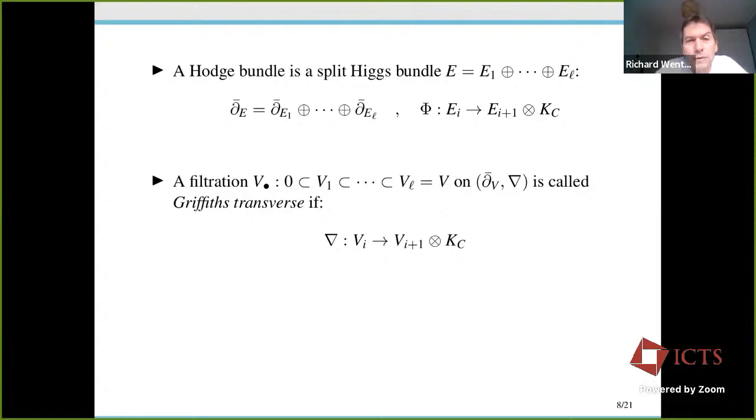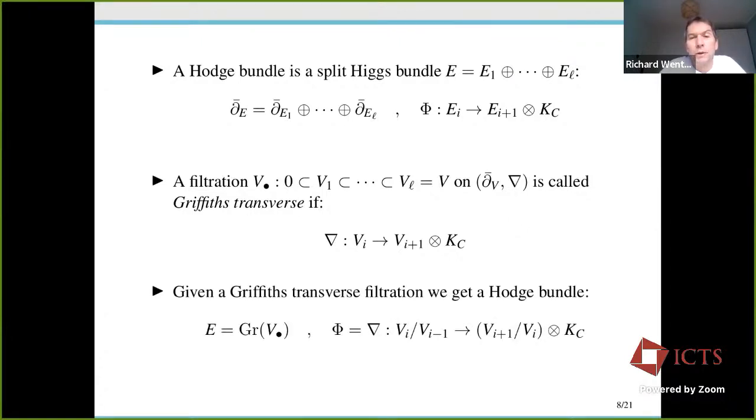We'll say that this is Griffiths transverse, which comes from classical Hodge theory, if, first of all, the connection maps one element of the filtration to the next one up. And instead of assuming an isomorphism, we drop that assumption and just examine what the flat connection induces on the various associated graded pieces.